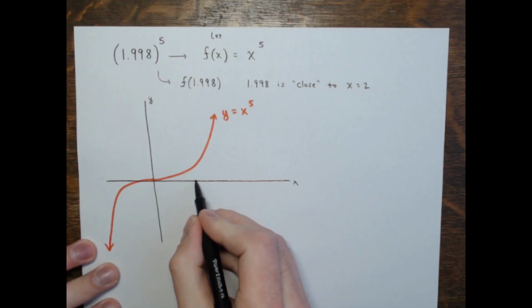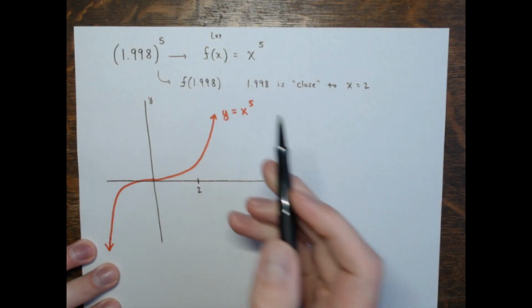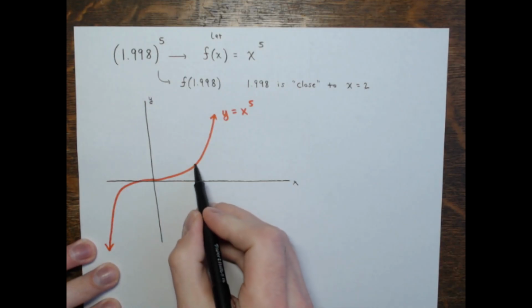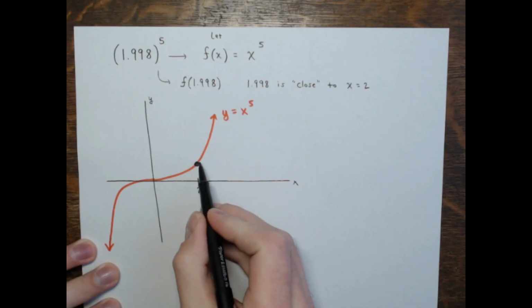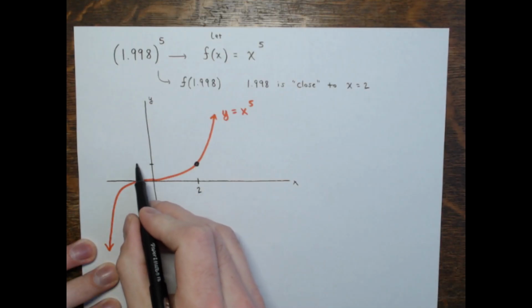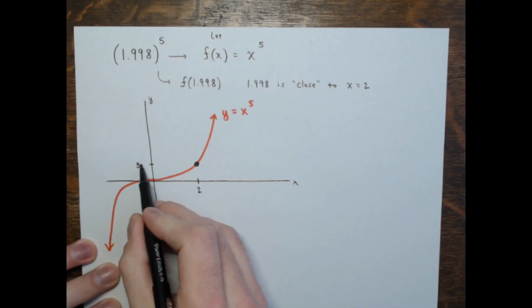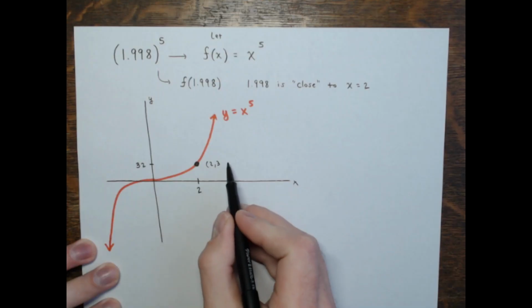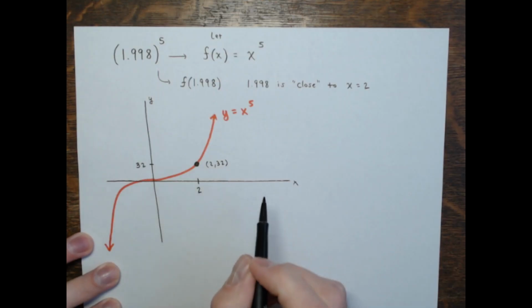Now we know that at x equals 2, a nice whole number that's near 1.998, you have this point on the curve, which would be 2, 32, right? 2 to the 5th power is 32.